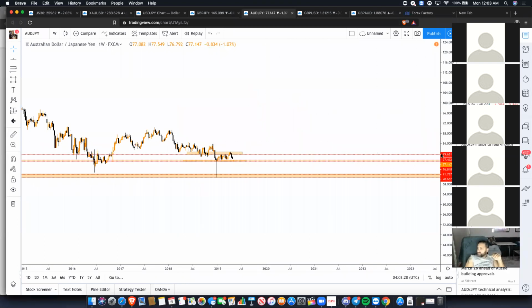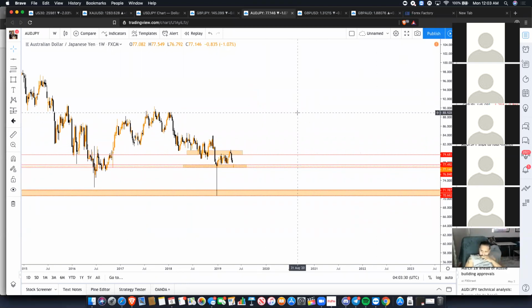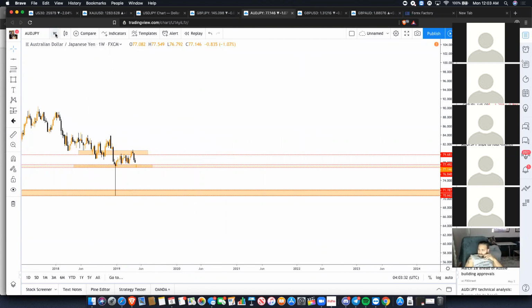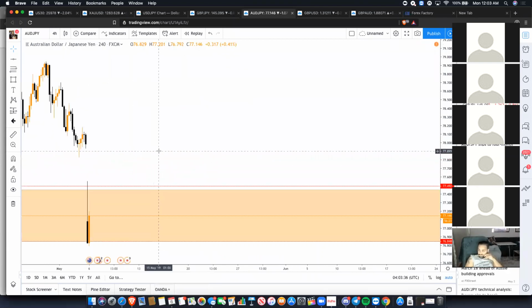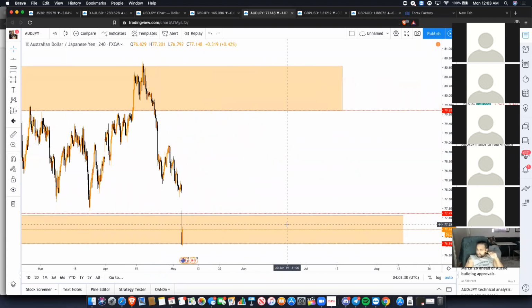AJ on the weekly definitely looks like she's about to tank down. She's respecting our zone here, definitely trying to come back and regain. I could definitely see all these pairs close the gap and then make their move down.